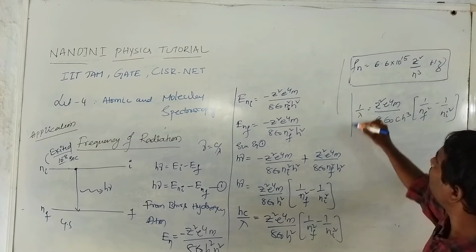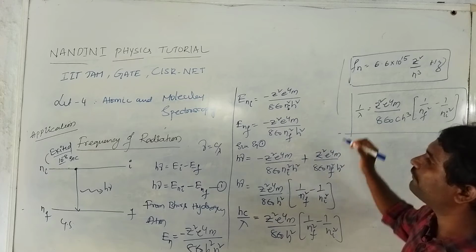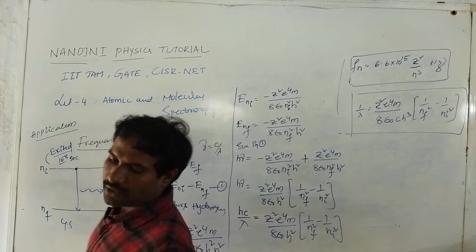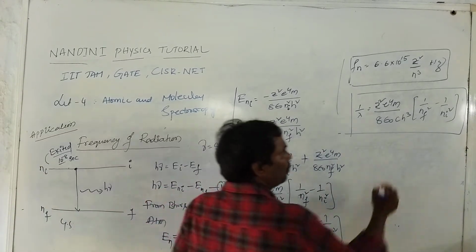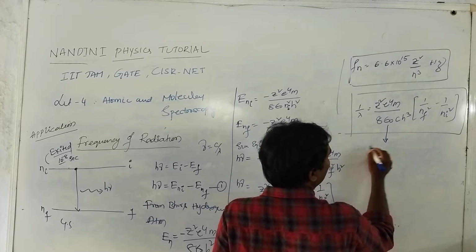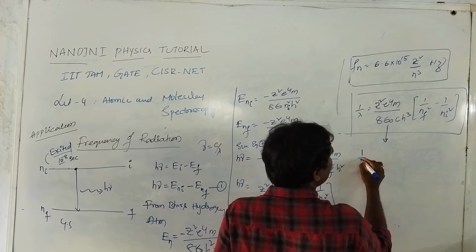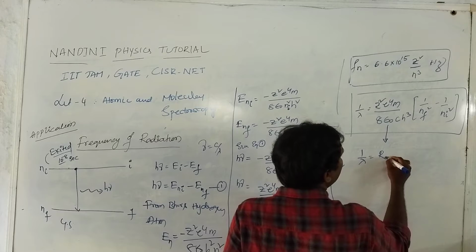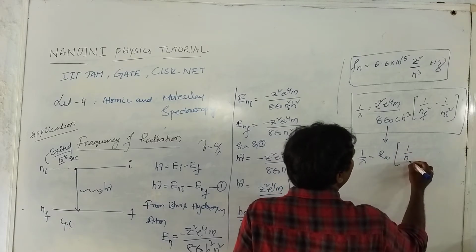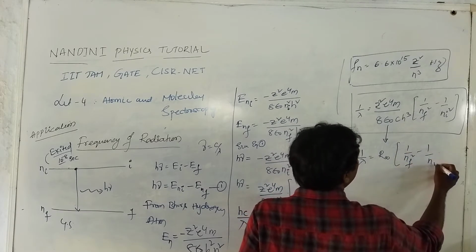So this is the frequency of emitted radiation. I will write this equation in terms of lambda as R infinity into 1 by nf square minus 1 by ni square.